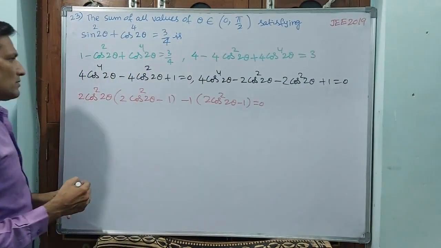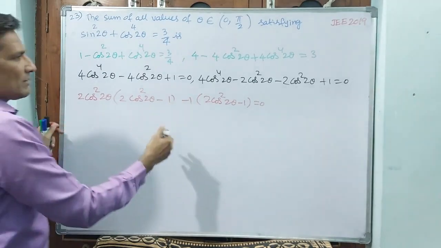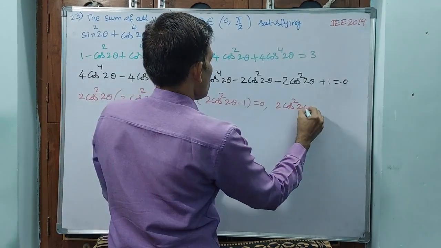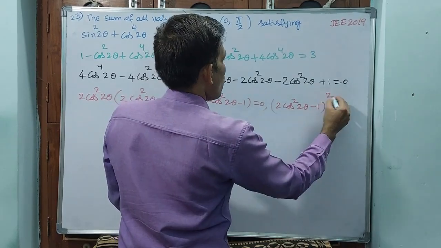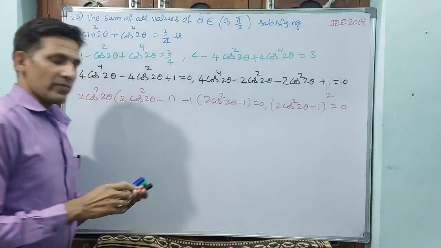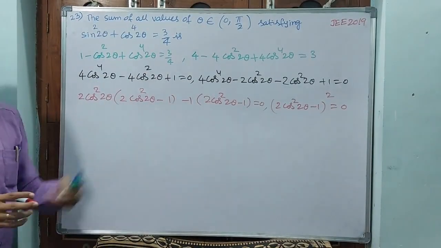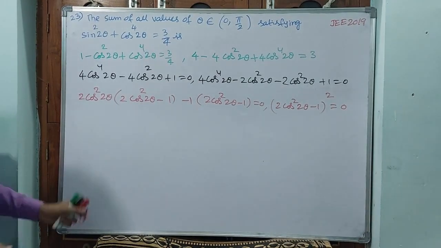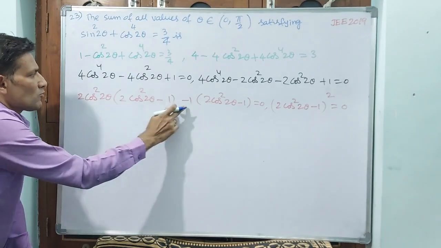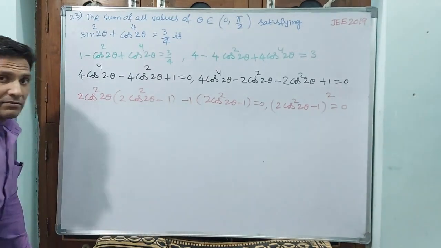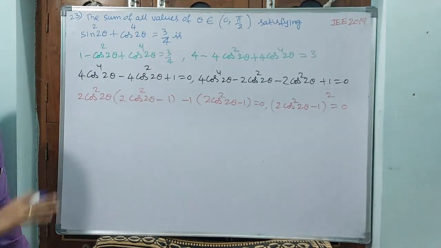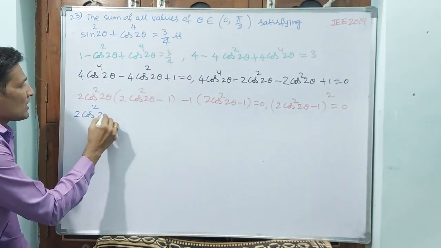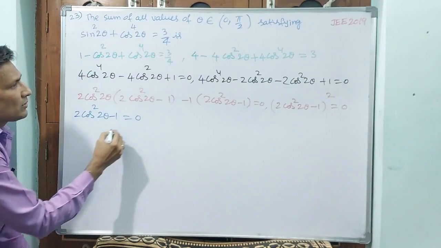Okay. Now both are same. That means shall I write 2 cos square 2 theta minus 1 whole square is equal to 0? Definitely I can write. Okay. Both are same. Now see, if it is correct, then this 2 cos square 2 theta minus 1 is also 0.